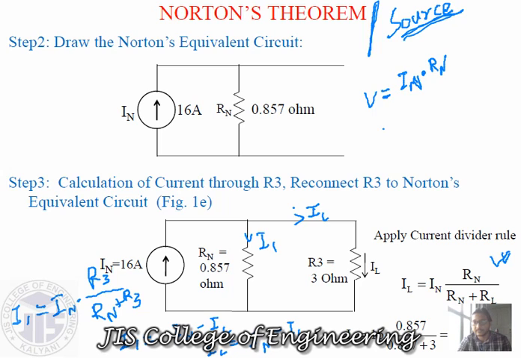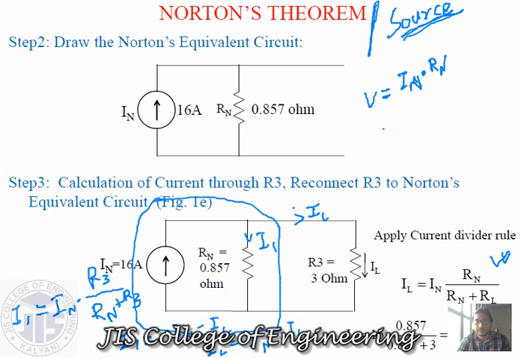It means only this portion is going to change, because here is a current source in parallel with a resistance. Whenever you go for the source conversion, your current source will be changed to a voltage source, and similarly whatever resistance is connected in parallel will be connected in series, and similarly your voltage source value will be this one.